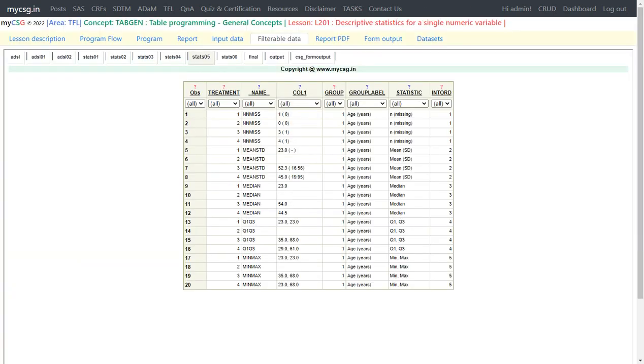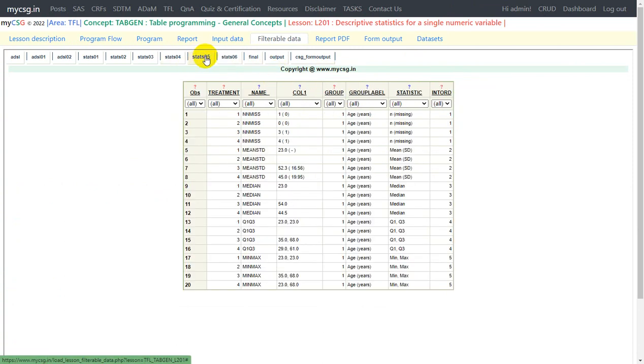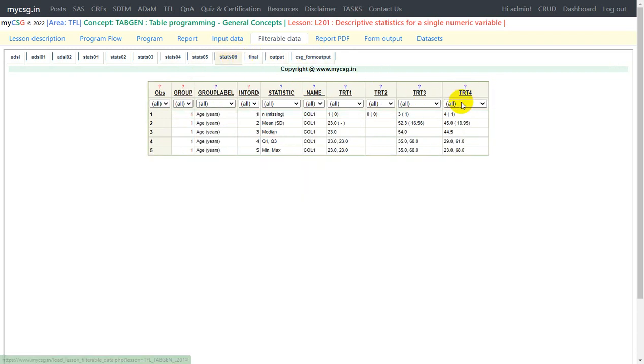So stat06. We see now that the treatment values are appearing as columns. As we have used prefix equal to trt, the values in the treatment variable were 1, 2, 3, 4, so it prefixed the value of trt for the newly created columns. 1 has become TRT1, 2 has become TRT2, 3 has become TRT3, and 4 in the treatment variable has become TRT4.